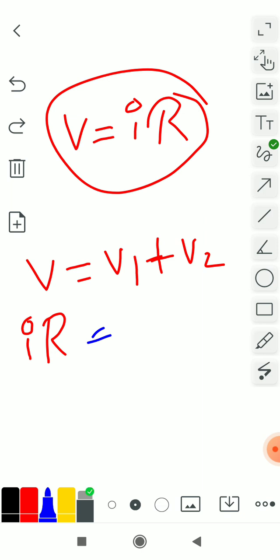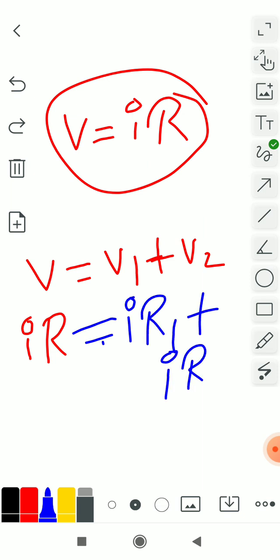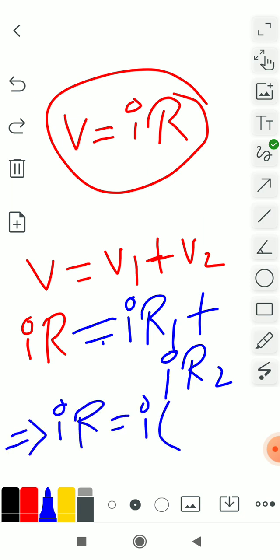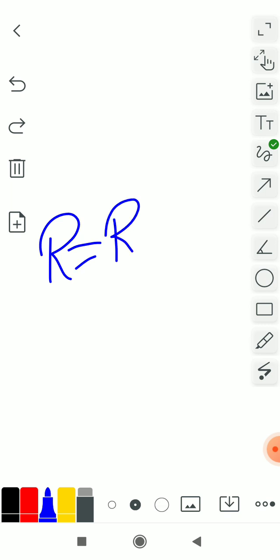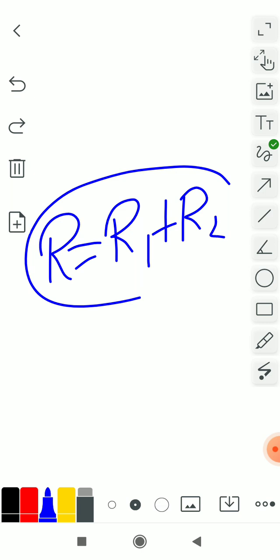Then for the first bulb, we can write V equals current into the resistance of the first bulb plus current into the resistance of the second bulb. Now if you take I common, then IR equals I(R1 plus R2). Now I cancels out. So in series combination, resistance will be added.